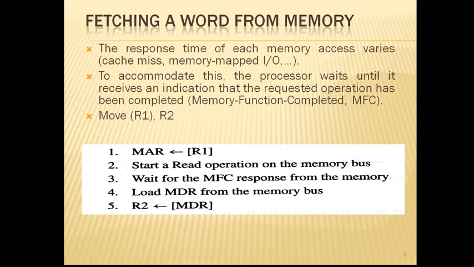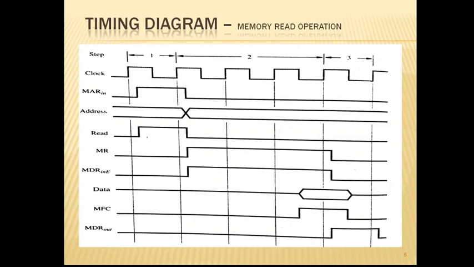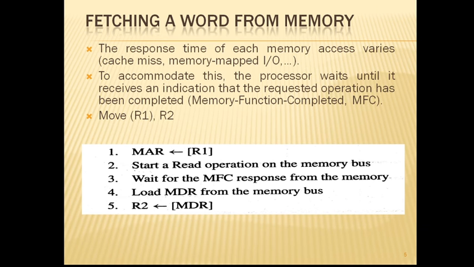For understanding purposes, let us assume that the output of MAR is enabled all the time, which means that the contents of MAR are always available on the address lines of the memory bus. This can happen only when the processor is the bus master.